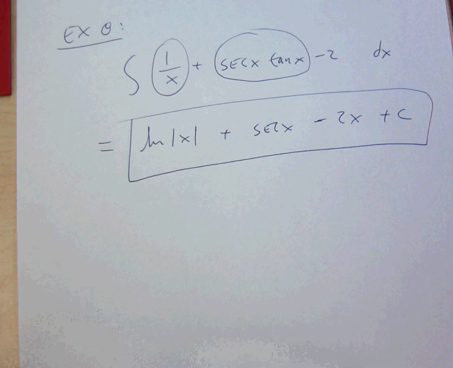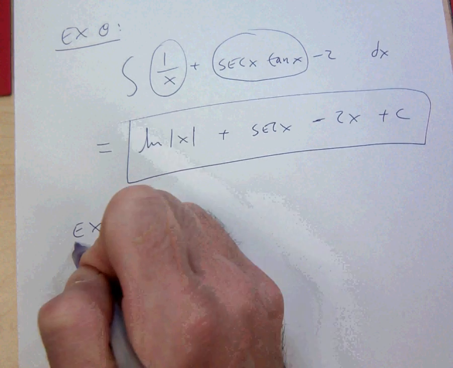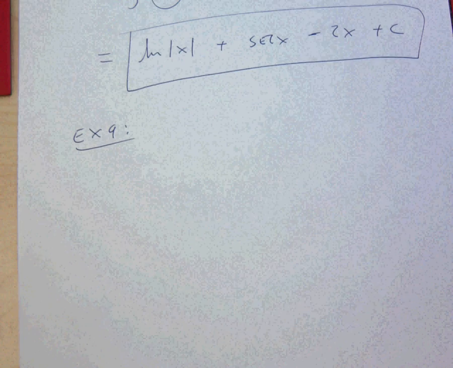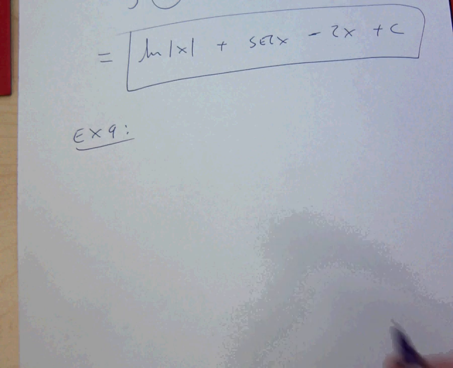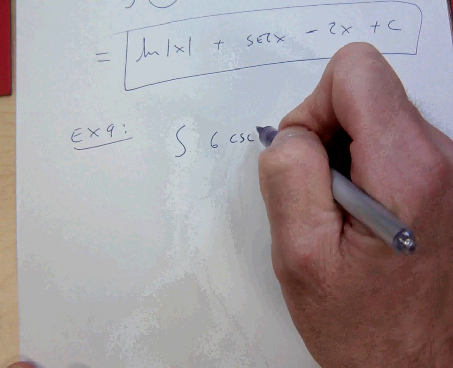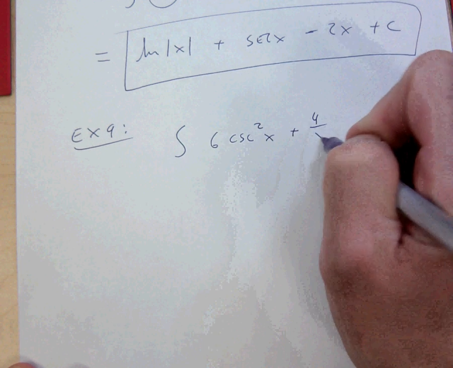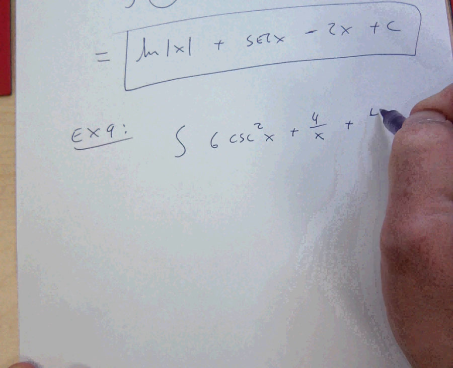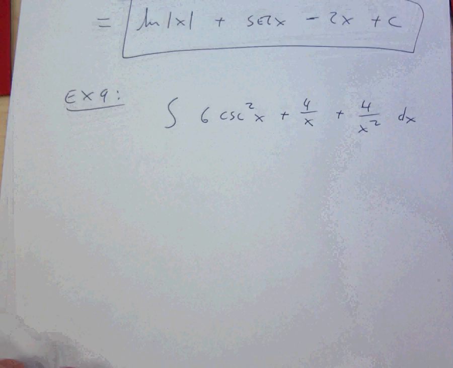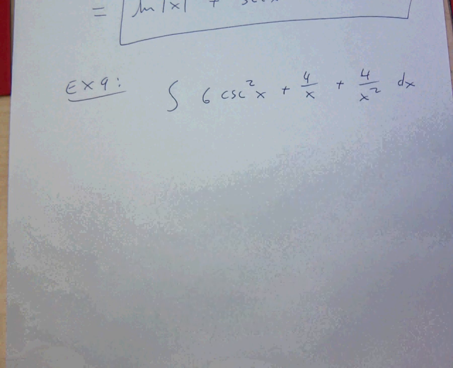Okay. All right. Now, example 9 is going to take a little bit of algebra 1, so we'll go through this one a little bit slower. And again, you guys, there is no quotient rule for integrals.